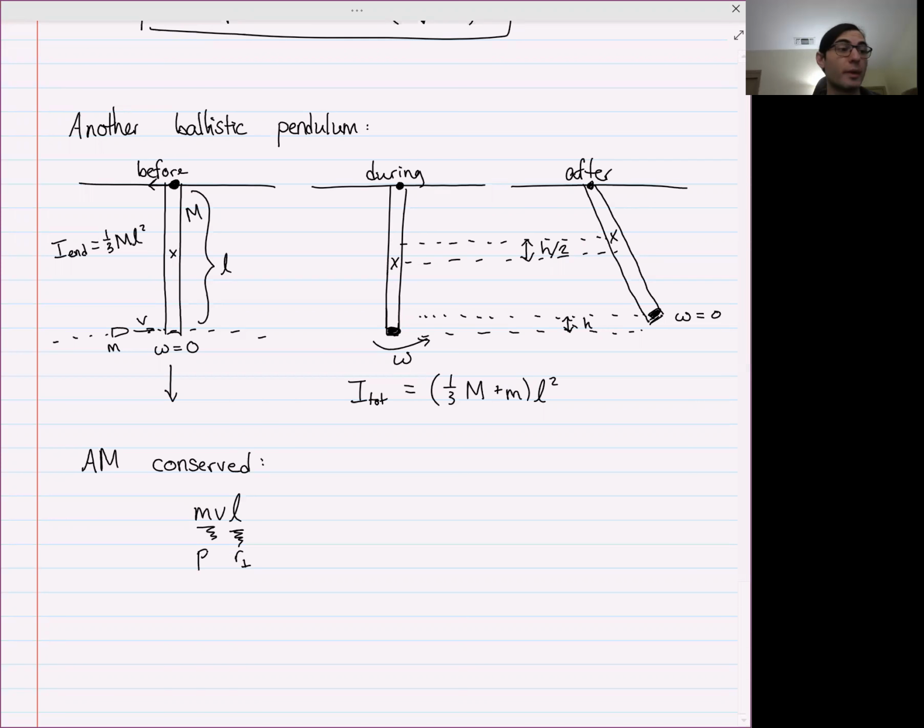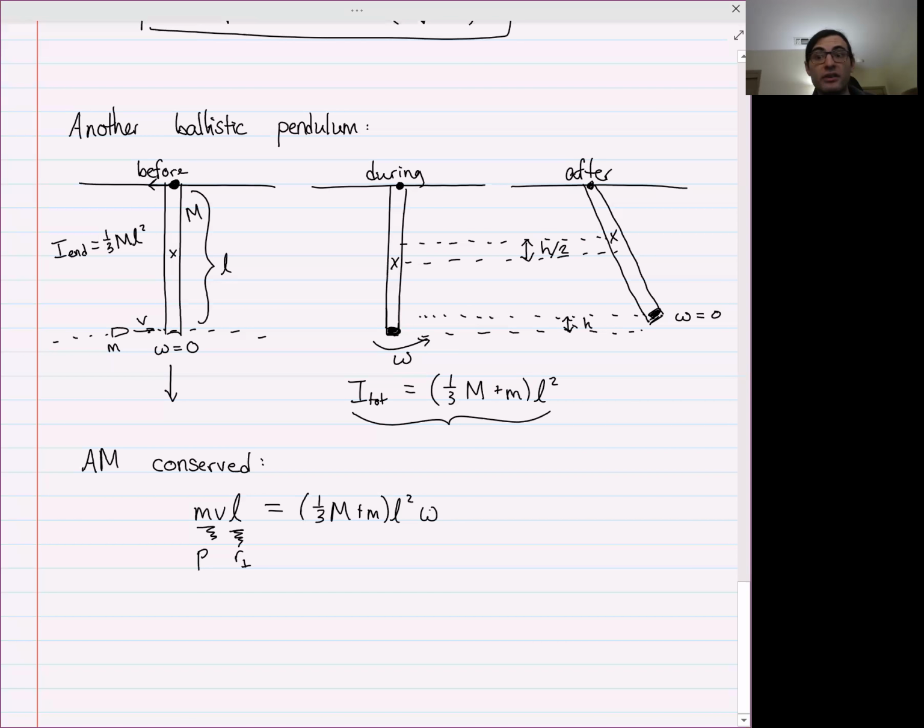Now the final angular momentum, the during angular momentum, we can write in a different way. Angular momentum is conserved, so they are equal. Now the whole thing's swinging, so the smarter way to write angular momentum is I times omega. We know the total moment of inertia is (1/3 M plus little m) L squared, and we multiply it by the speed it's rotating at, omega.